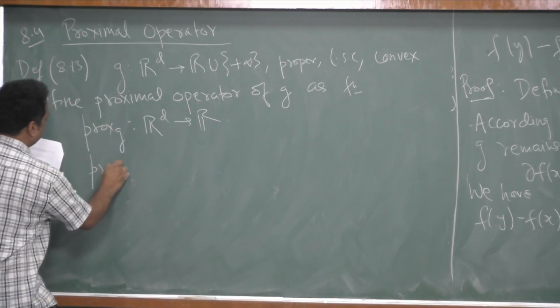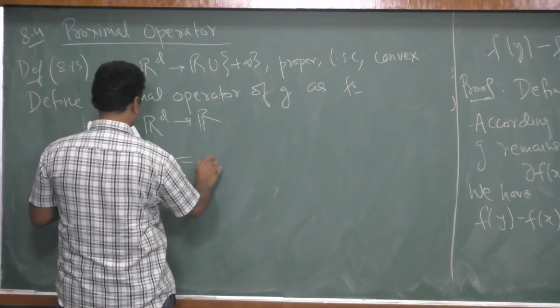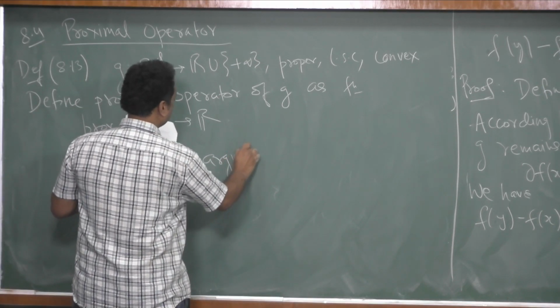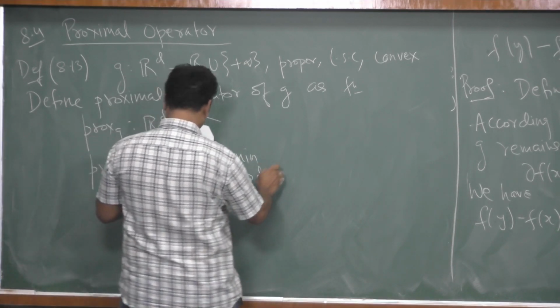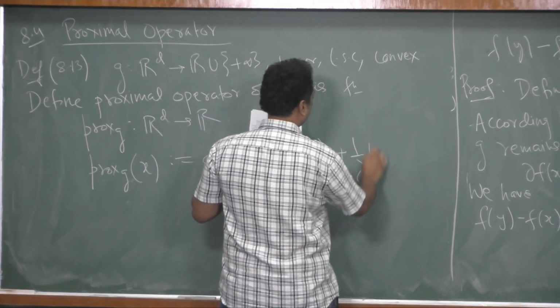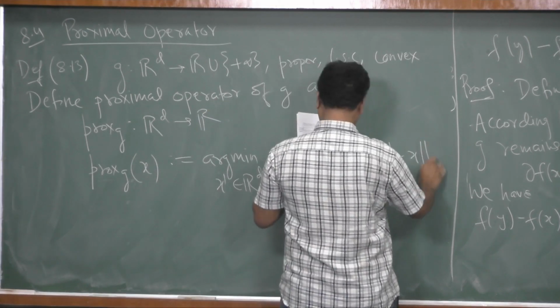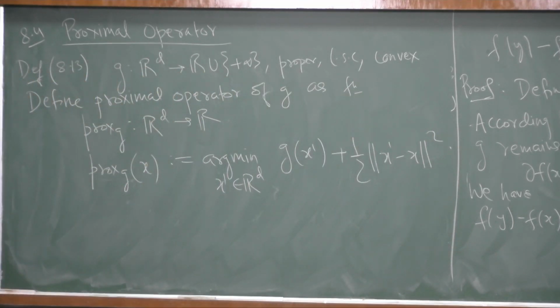Prox G takes the argument x, and then it does the argmin. So there is a small optimization problem involved here. Argmin over x prime in R^d of G of x prime plus half of norm x prime minus x whole squared. So this is how a proximal operator is defined.